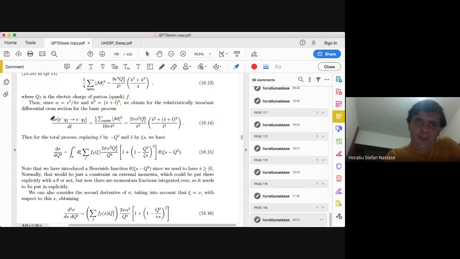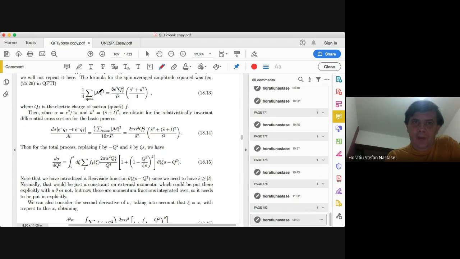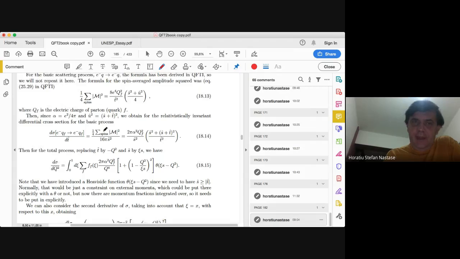So this differential cross-section was d sigma dt hat, referring to the basic process, and that was also defined as the spin averaged amplitude squared divided by 16 pi s hat squared. And substituting this, we obtain this formula.